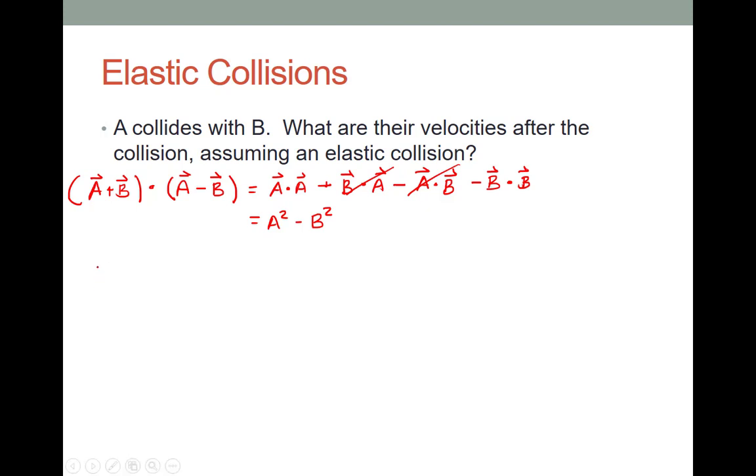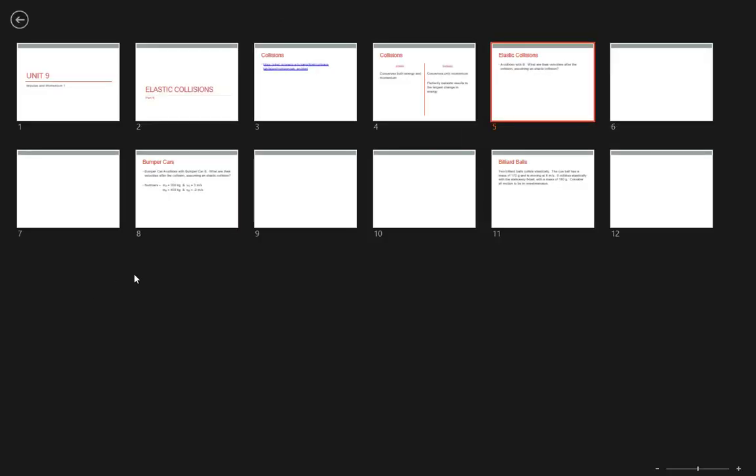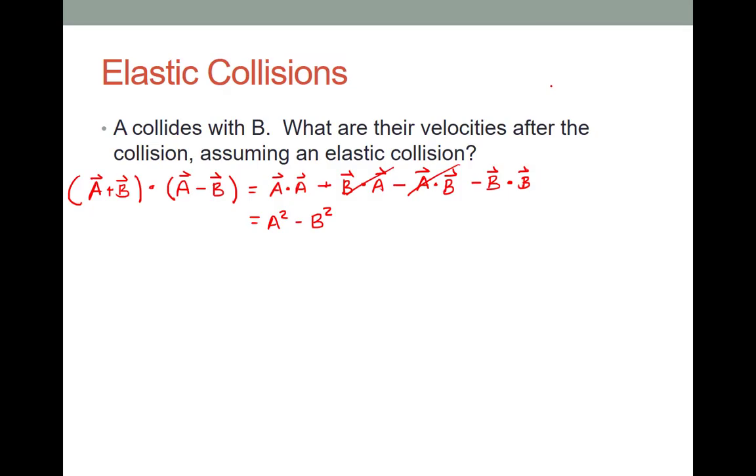Now, we're not given any information about what these two objects are doing. We just know that they collide. So our momentums are going to be very, very vague. So I'm going to do MA VA initial, leaving it as a vector, plus MB VB initial, again leaving that as a vector.